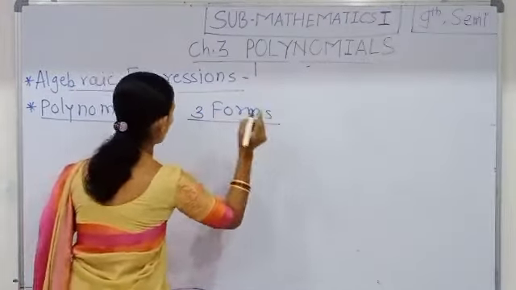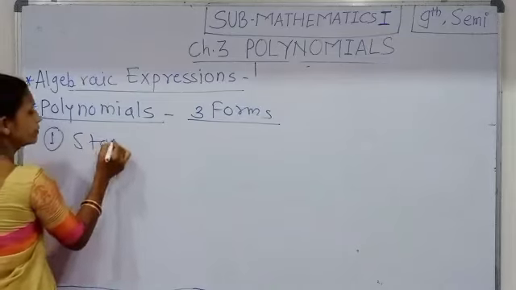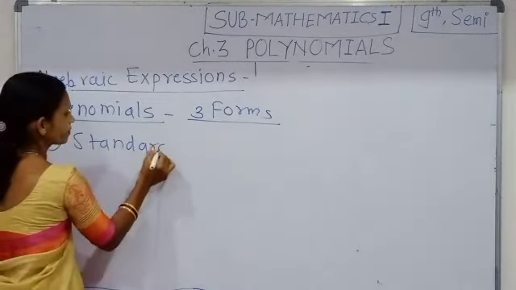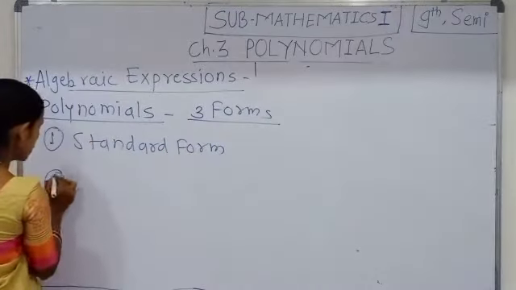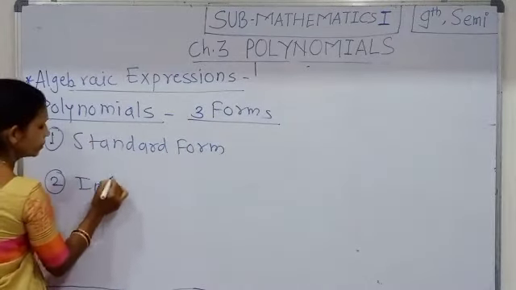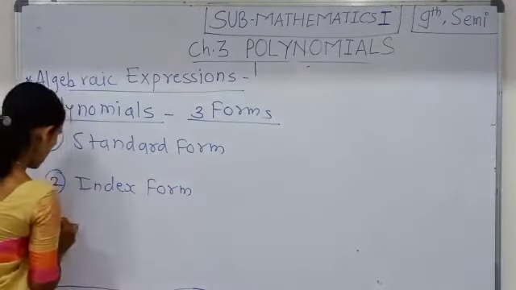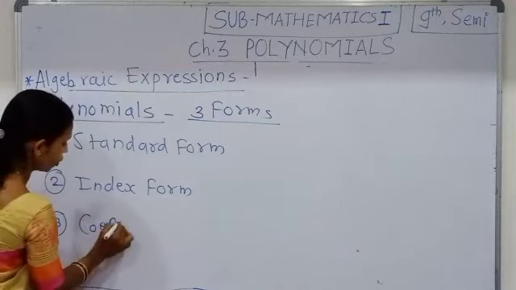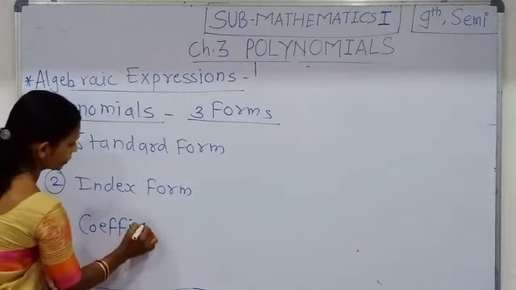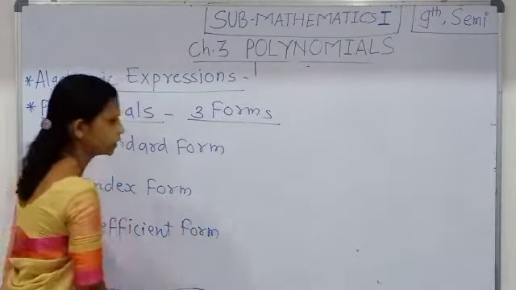First, the standard form of the polynomial. Second, the index form of the polynomial, as well as the coefficient form of the polynomial.